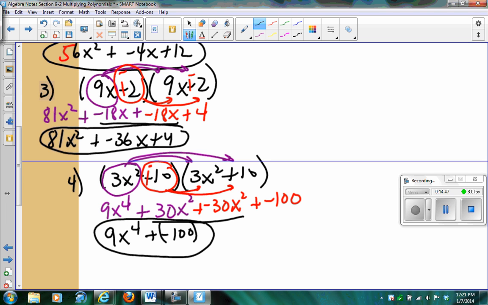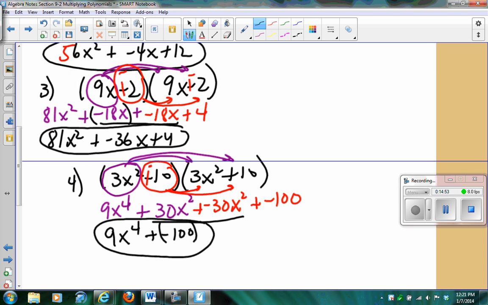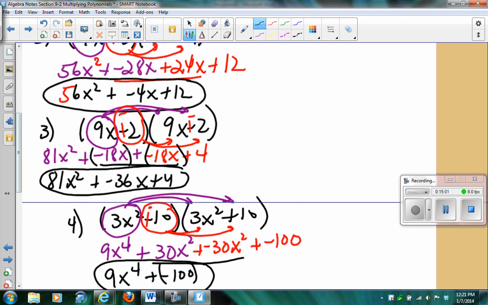I'm sorry, I am going to go back. One thing I neglected to say is that I am going to leave the negative terms, addition of the opposite, in each of my answers up above. So I'm going to go back to number 3 and put parentheses around the negative 18x and the negative 18x.